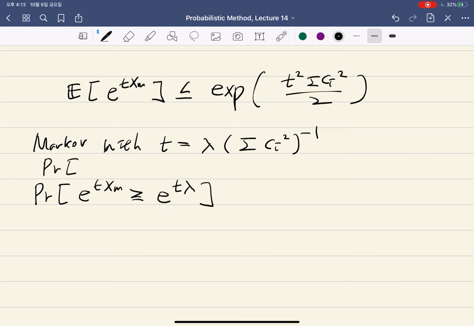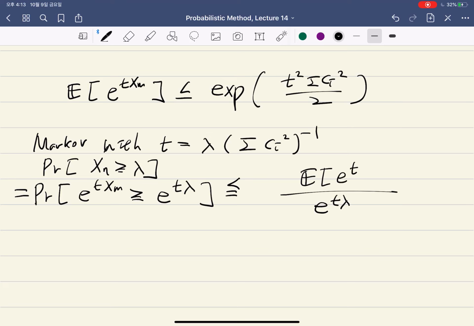So we want to estimate the probability that X_n is bigger than lambda, which is the same as this probability. And by Markov inequality, this is at most the expectation of e to the t X_n over e to the t lambda.